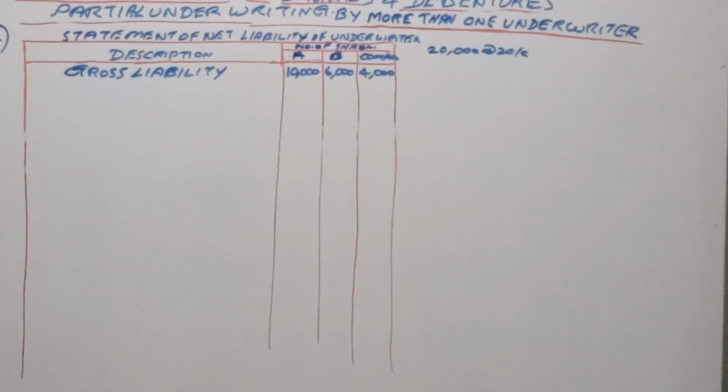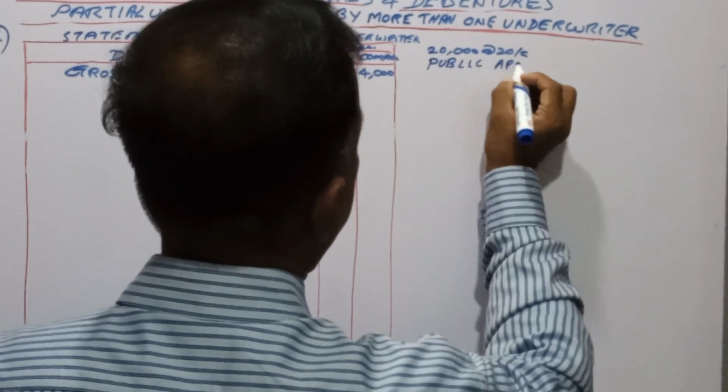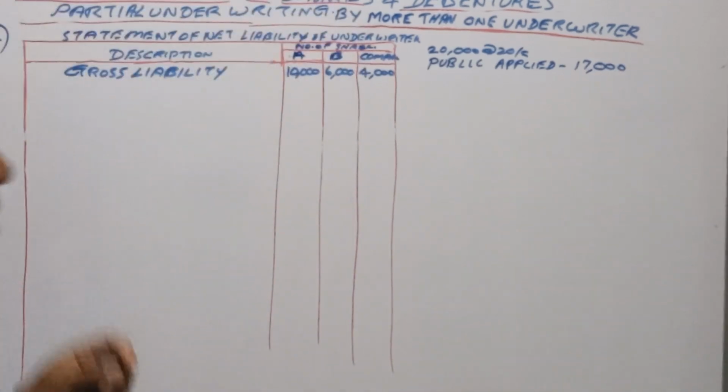The public applied for 17,000 shares, which include marked applications of A 3,000 and B 2,000 shares.